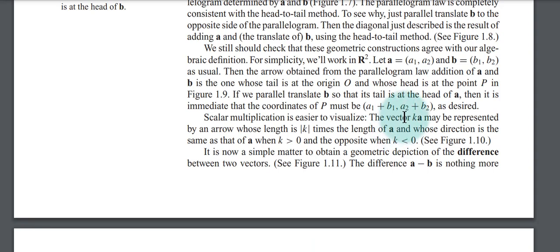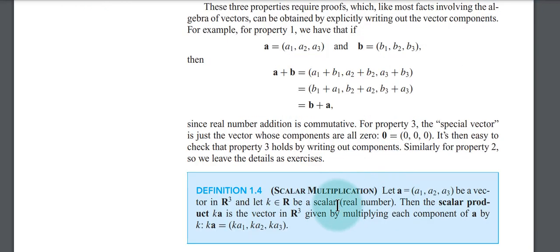Now, we also already discussed what we mean by a scalar times a vector. If you take a scalar times A, what we mean is that you multiply each of the entries of A by that scalar. So what does that mean geometrically? Is there a relationship between A and the new thing, K times A?